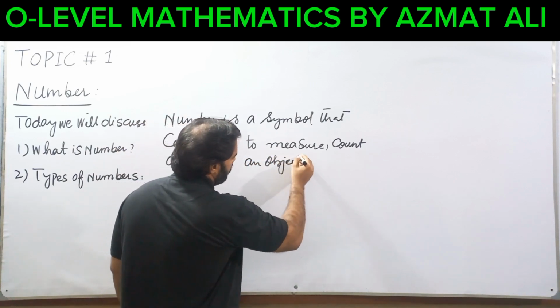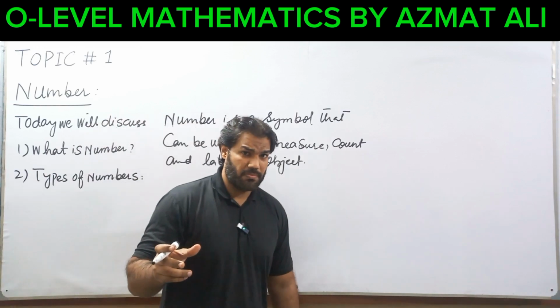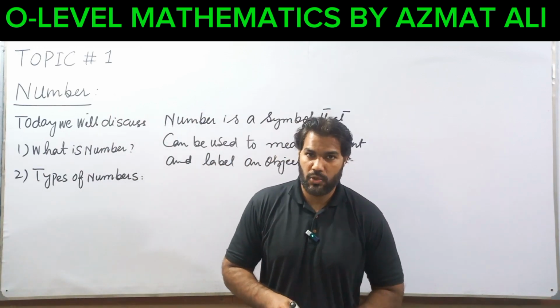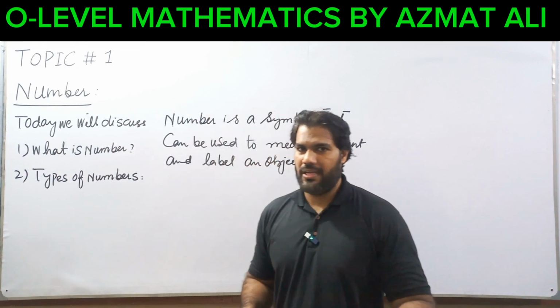So this is the definition of a number. A number is actually a symbol that can be used to measure an object, to count objects or label an object.